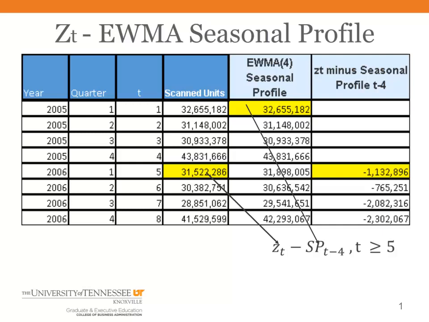For example, in first quarter 2006, I observed sales of $31,522,286, and from that I subtract the seasonal profile of first quarter 2005, and I'm going to call this the deviation from the seasonal profile, and the two numbers used are highlighted in yellow there.